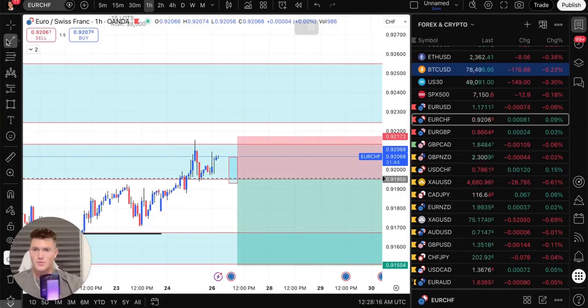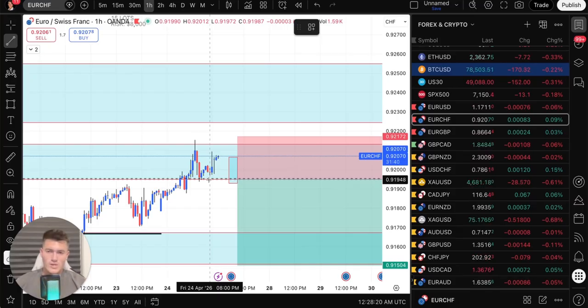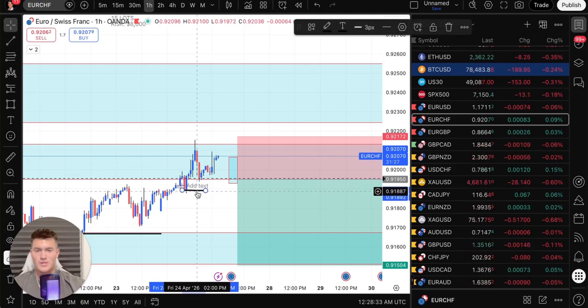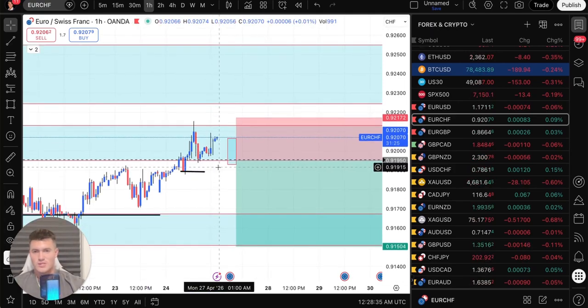So what I'm going to do, so that I'm ready, see I've got my alarm right here. I would always set an alarm where you want to enter at. So our lower time frames, we need to shift below this higher low.